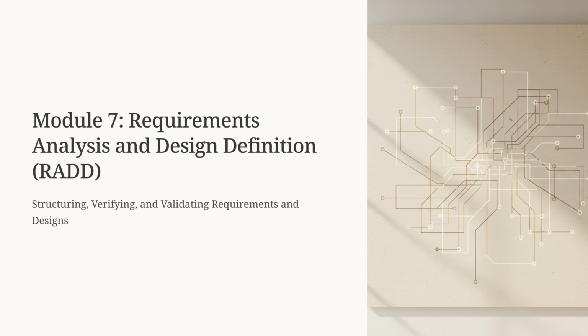In BABOK terms, RAD is the knowledge area that takes elicited requirements, the raw material, and processes them into something ready for solution implementation. It's a bit like an architect translating a client's dream home description into blueprints that engineers and builders can actually construct.